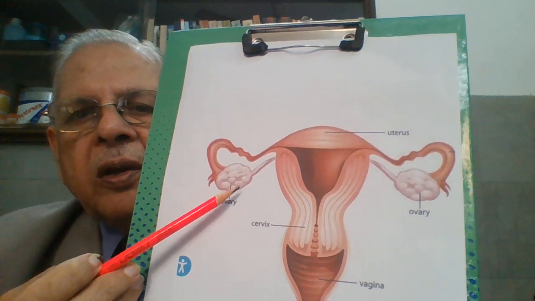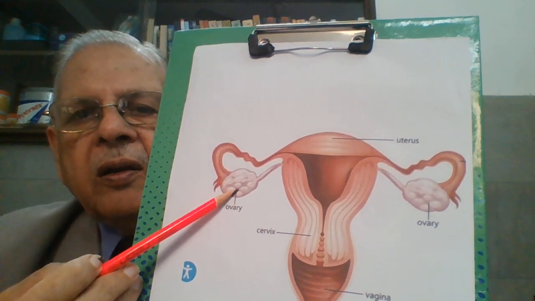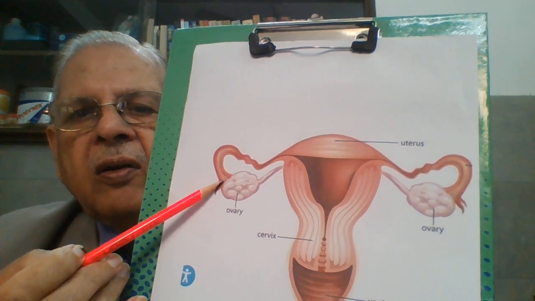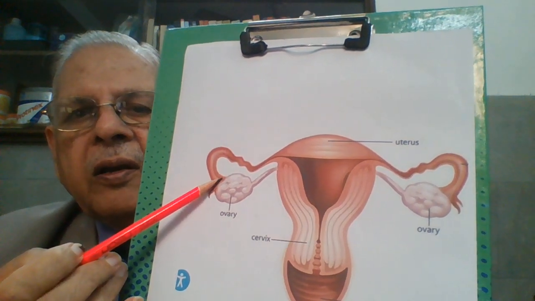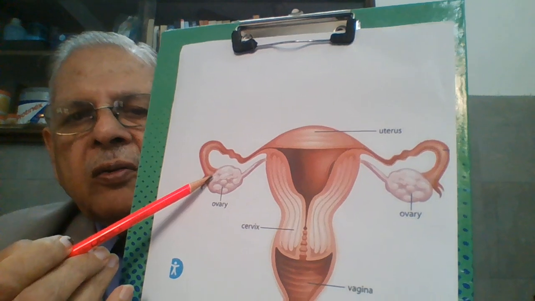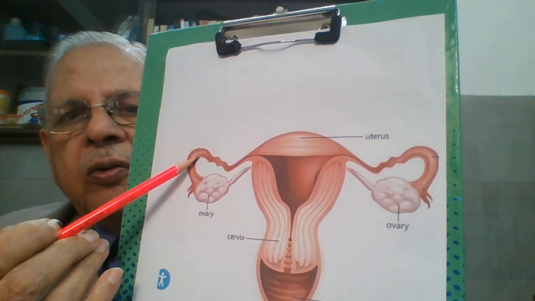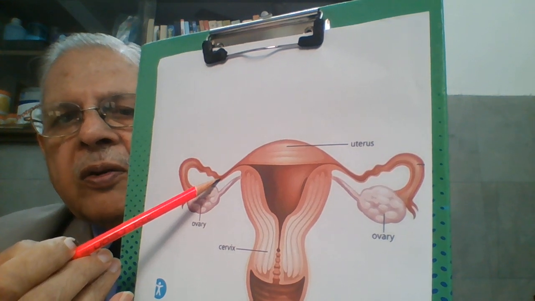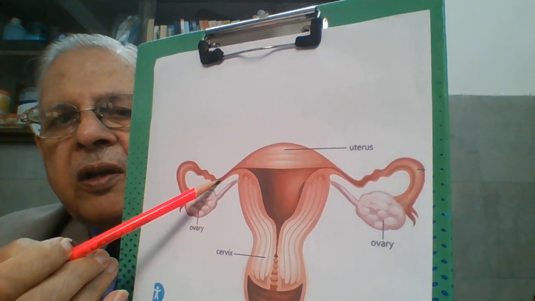I am not going to tell you about that, but from here the matured ovum enters the fallopian tube, or called uterine tube, and then through the uterine tube somewhere here it meets the sperms and gets fertilized.